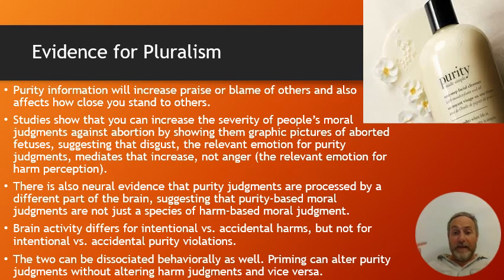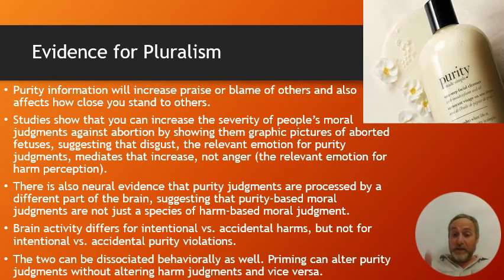There's neural evidence that purity judgments are processed by a different part of the brain. That would suggest that purity-based moral judgments are not just a kind of harm-based moral judgment, that there are two templates going on, two brain areas responsible for different types of moral judgments. We also notice differences in brain activity, and this was mentioned in the mind perception article: intentional versus accidental harms.